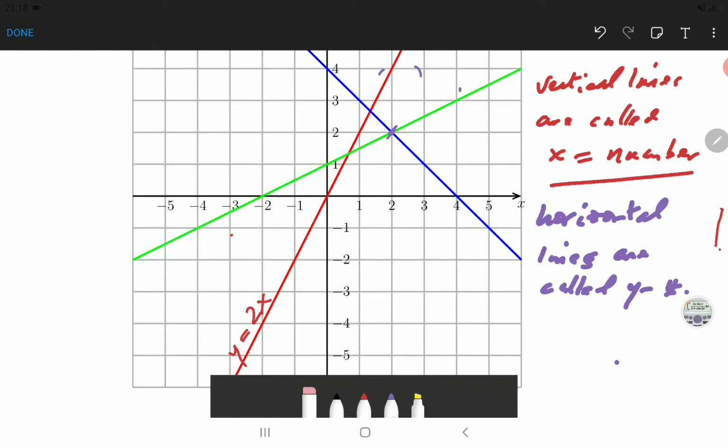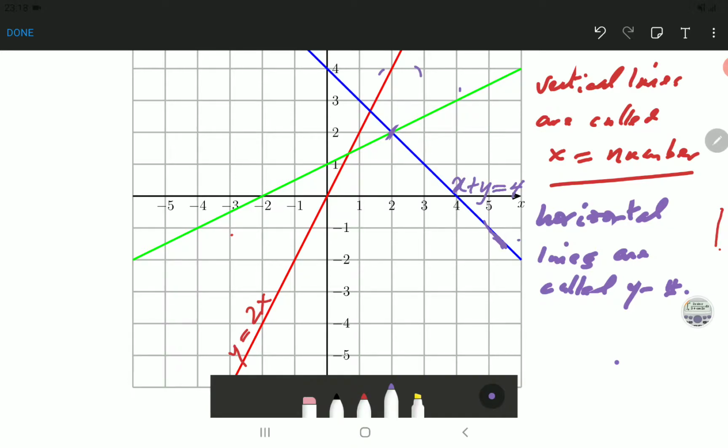So we are saying x plus y is equal to 4 is the identity of that blue line.